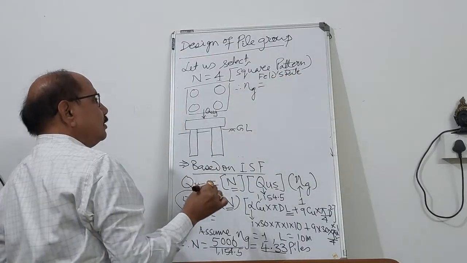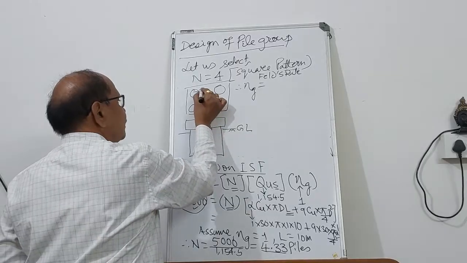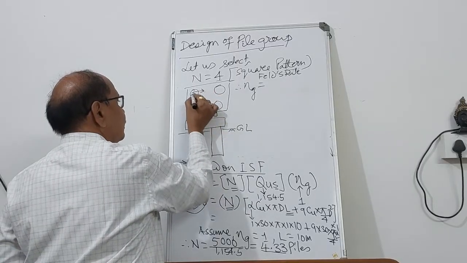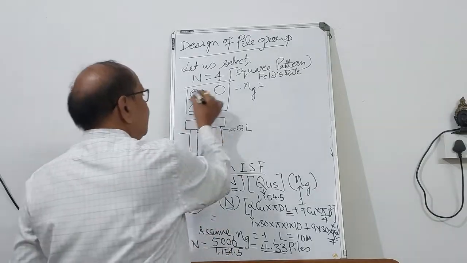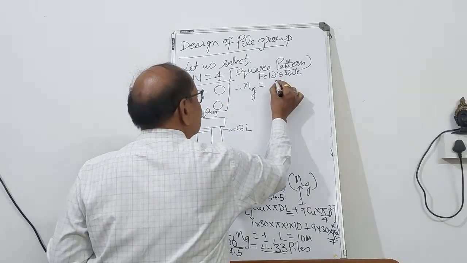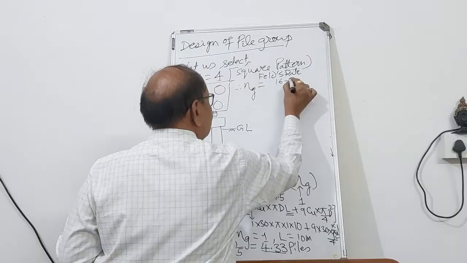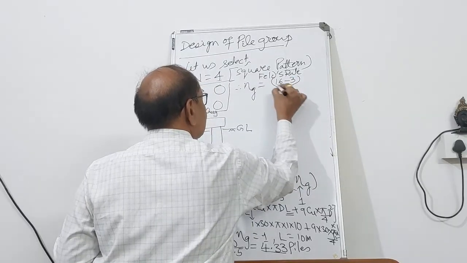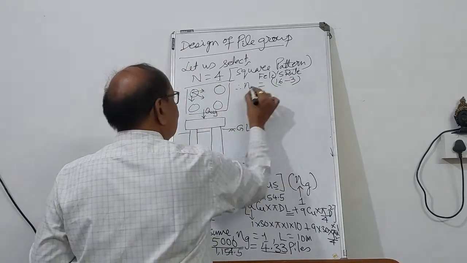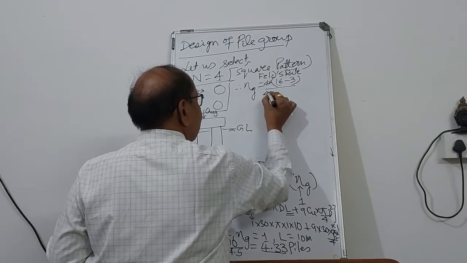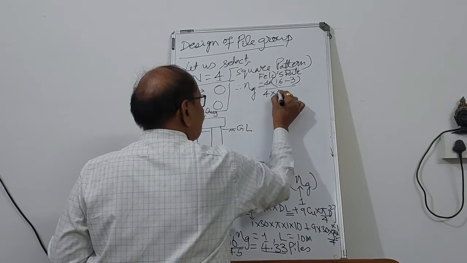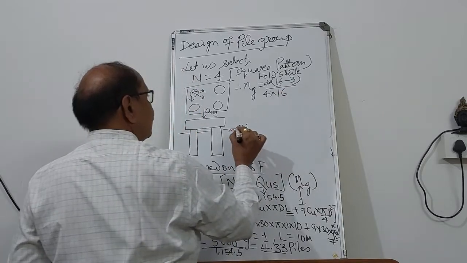So how many interactions is each pile going to have? 3 interactions. So each pile will have 3 interactions. So 16 minus 3. What is the total number of piles? 4. So 4 into, divided by 1 by 16, so 4 into 16.